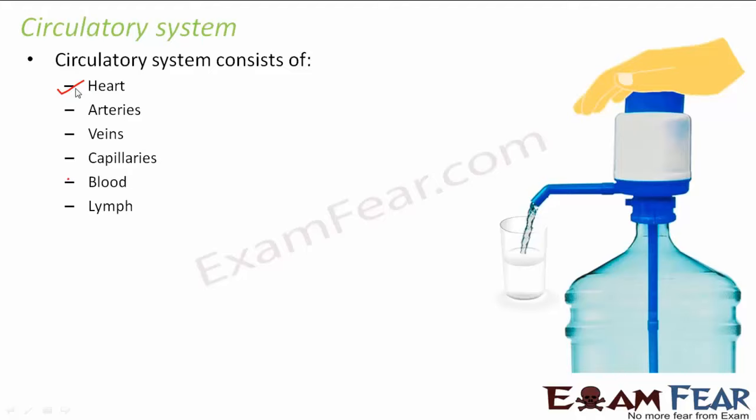For example, you would have seen hand pumps, right, which are used to fetch water from the ground. When you apply pressure on the handle, the water comes up from the bottom. Here also in this picture, look at this water filter. When this person gives pressure on top, the water is fetched from below. Water comes up through this pipe and is fetched into this glass.